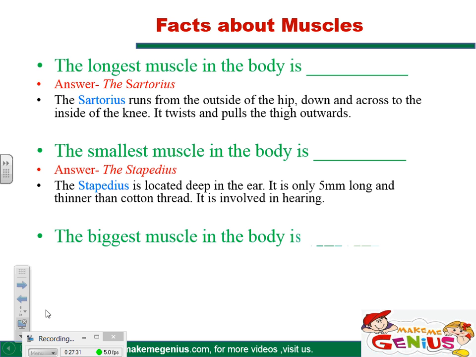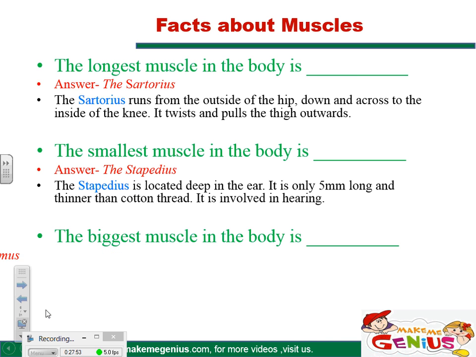The biggest muscle, not the longest, but the biggest muscle in your body is your butt. This is your gluteus maximus.